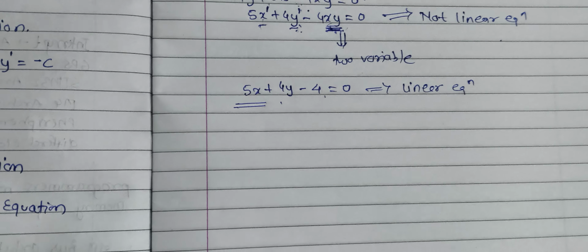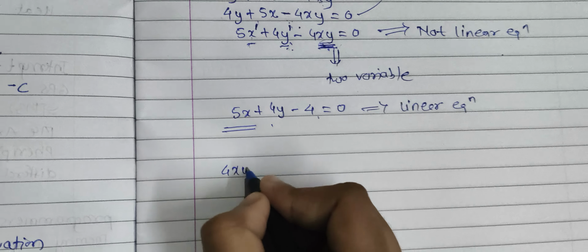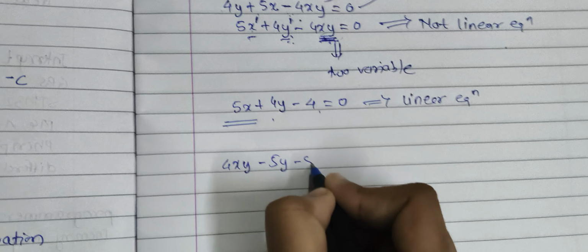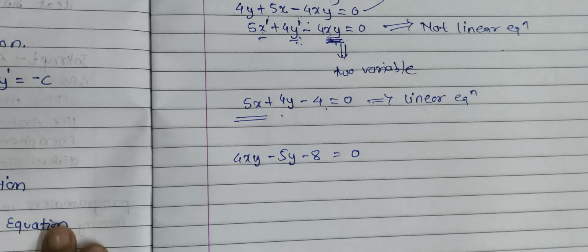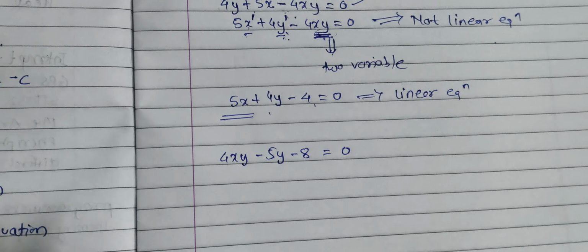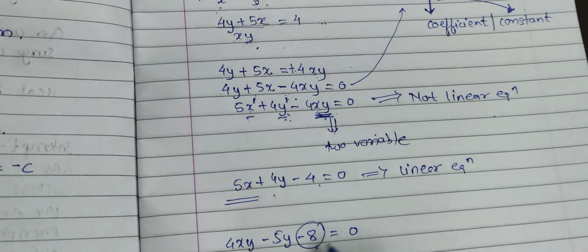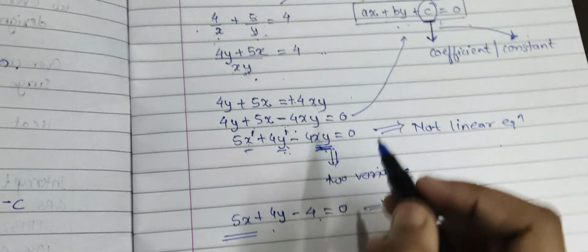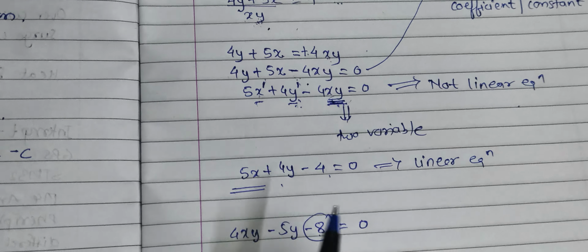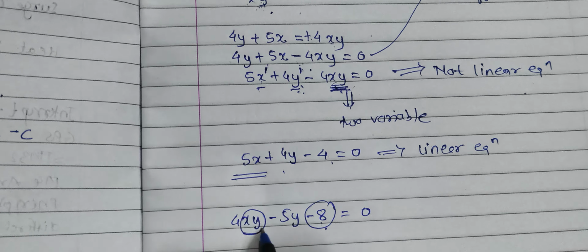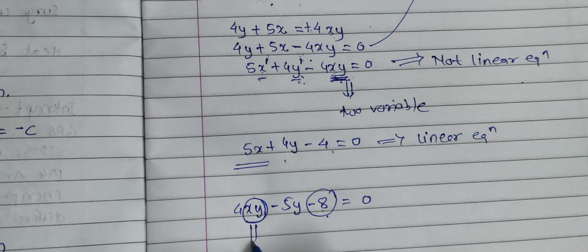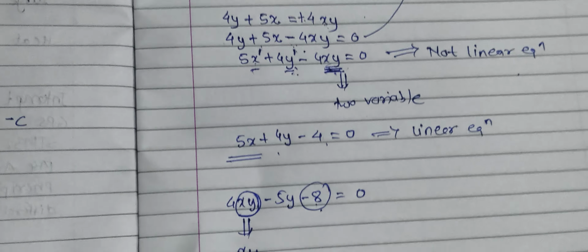Now there is another example: 4xy minus 5y minus 8 is equal to 0. This is also not a linear equation. Now you will see that here there is a constant, as our linear equation says the c term is constant. So here also the c term is constant. But there are two variables at a time. x and y are together.